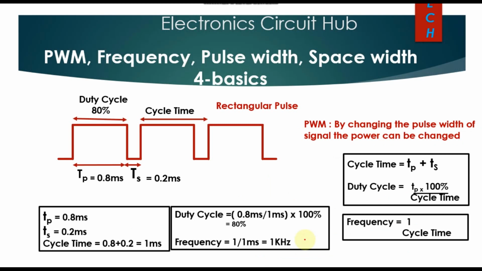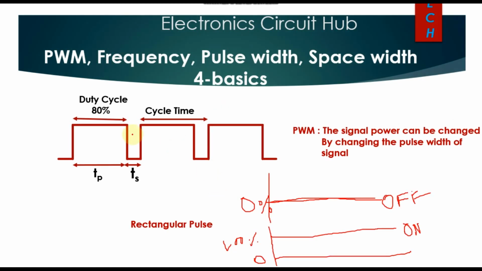Now I will take an example and calculate the pulse width, space width, cycle time, duty cycle, and frequency. This is the same one I considered for 80% duty cycle.